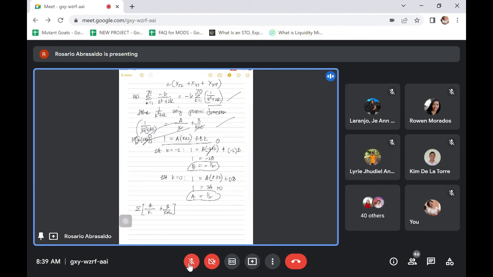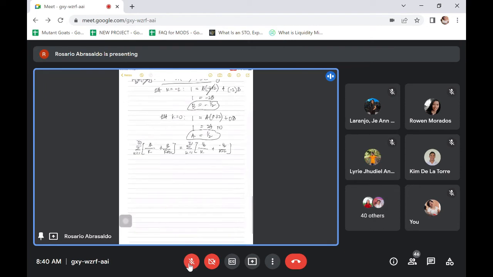Where k is from 1 to 70, no? Since we have the values of a and b, we have the summation of 1/2 over k plus negative 1/2 over k plus 2, where k is from 1 to 70.